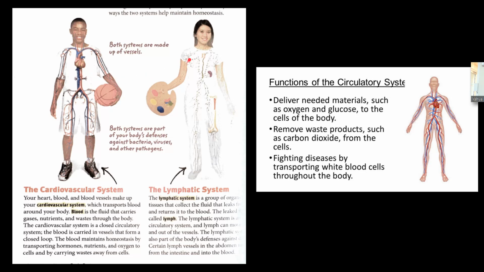In addition, the fluid that flows within the vessels in the cardiovascular system is called the blood. In the lymphatic system, this substance is called the lymph. Both of these are very important systems, and both are important for fighting infections.